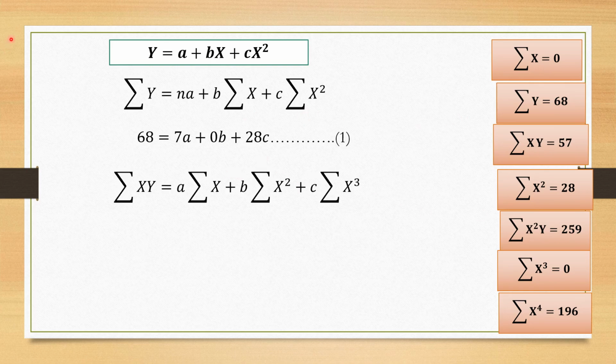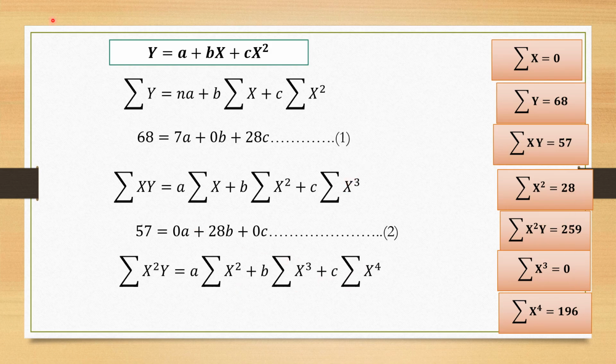Similarly, multiplying this equation by capital X and then taking the summation, substituting the values of summation xy, summation x 0, summation x square 28 and summation x cube 0. Similarly, multiplying this equation by capital X square and taking the summation. So summation x square y is A into summation x square, B into summation x cube plus C into summation x raised to 4.